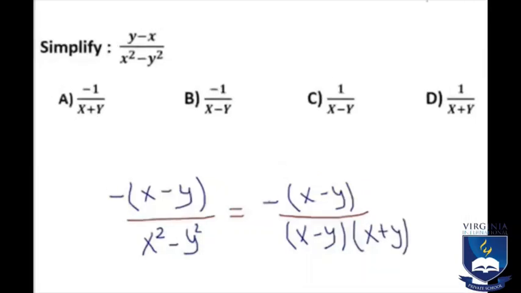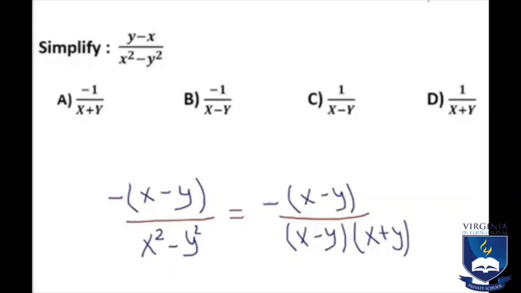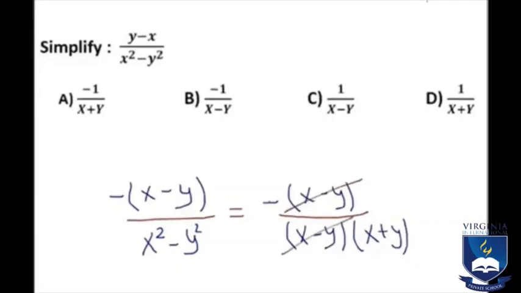I am going to cancel off any common terms, cross out anything that you see is the same on top and bottom. So I'm going to cancel off x minus y from the top and bottom. So our answer is equal to negative 1 over (x plus y). So the correct choice is A.